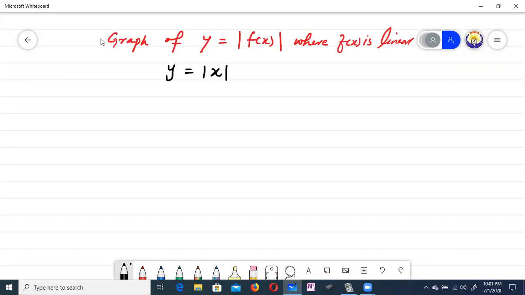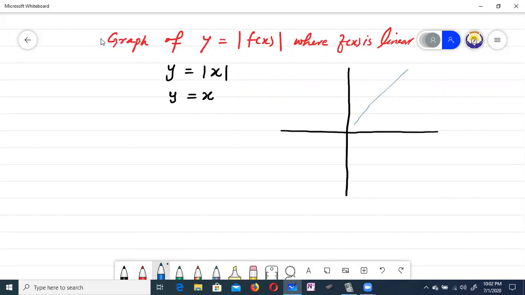For this, first we have to draw graph of y equal to x, and you know graph of y equal to x will be like this. This is the graph of y equal to x, this straight line.